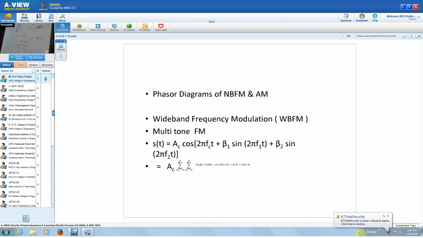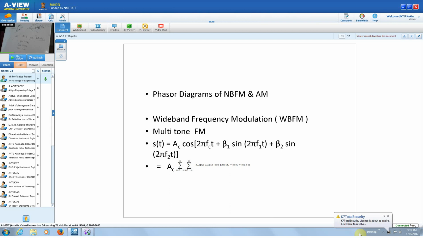So this is our S of t with 2 tone frequencies F1 and F2, and beta 1 is delta F by F1 and beta 2 is delta F by F2.